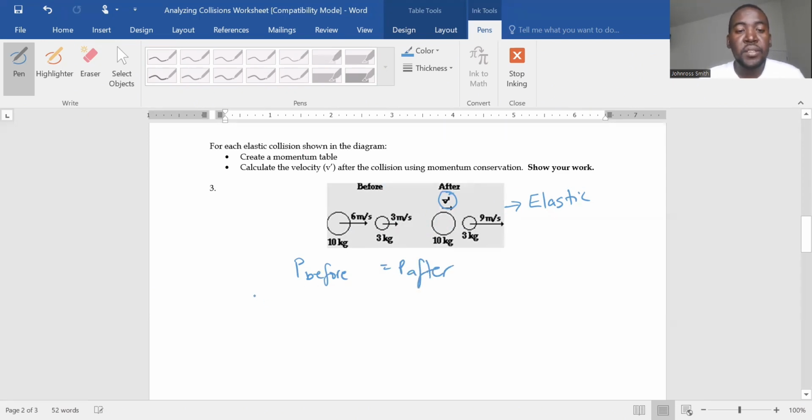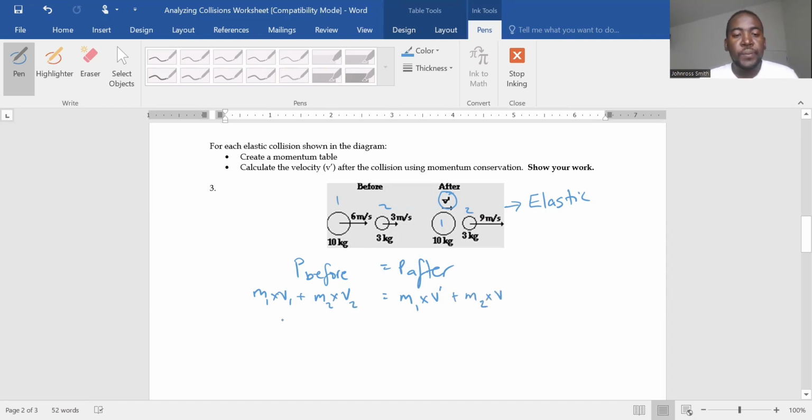Before collision, let's call these 1 and 2. It had the mass of 1 times the velocity 1 plus the mass of 2 times the velocity 2, equals the mass of 1 times its velocity that we need to find, v prime, plus the mass of 2 times its velocity.